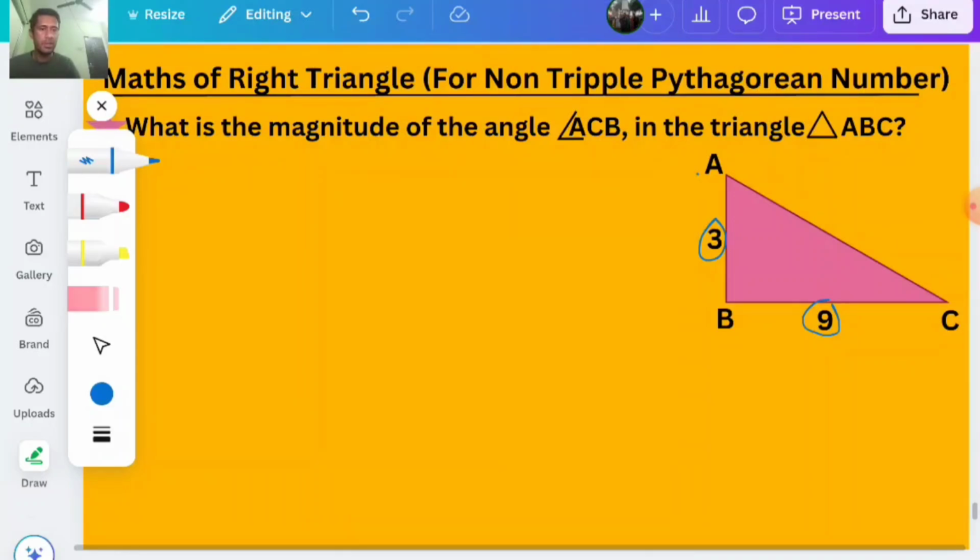So ACB, that means this angle. Let this angle be theta.